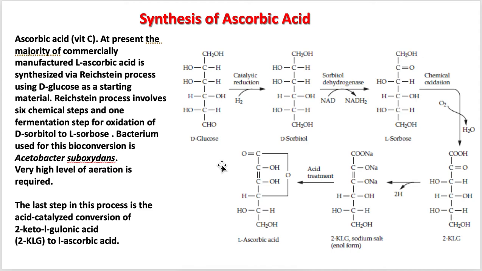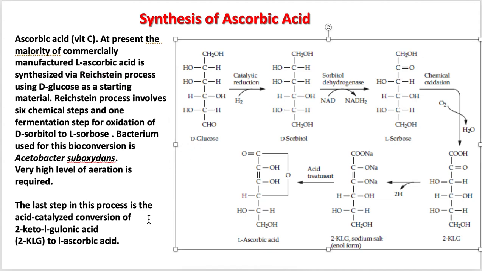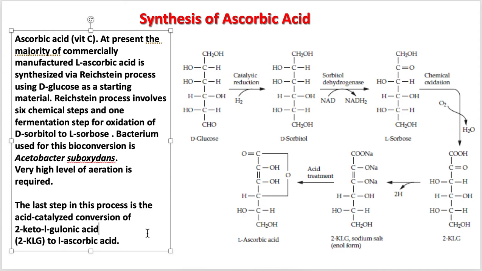At present the majority of commercially manufactured vitamin C, which is L-ascorbic acid, is synthesized via a process described by Reichstein. The raw material D-glucose is used to produce ascorbic acid.